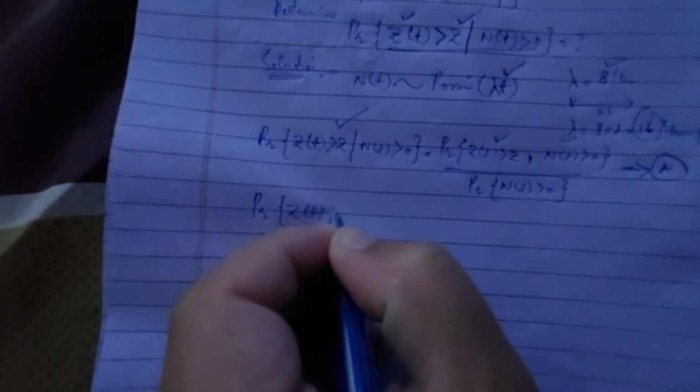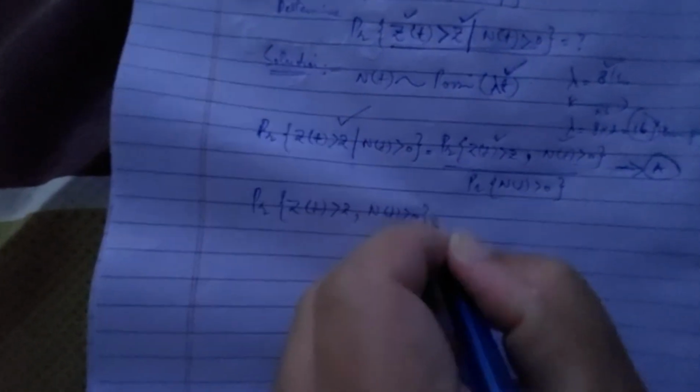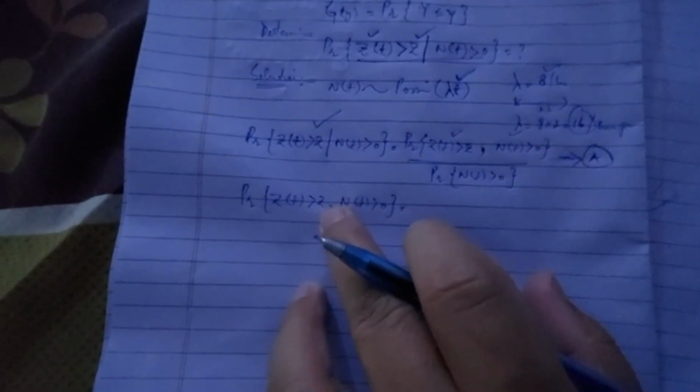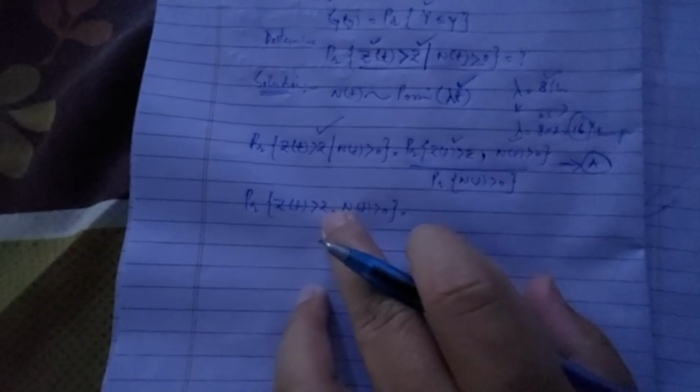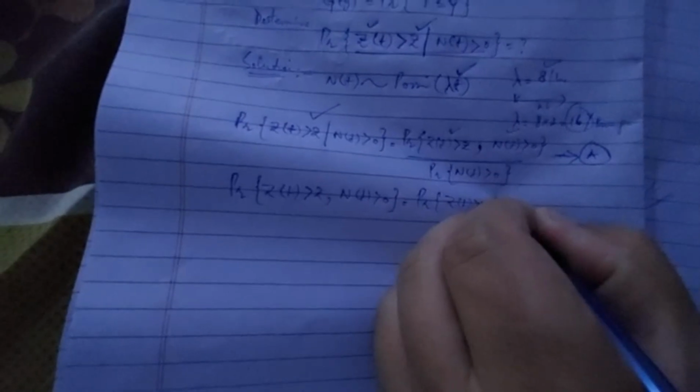the probability that Z of t is greater than Z and N of t greater than 0. It is equal to, if we have "and" over here, what we can do is we will find the probability that the overall damage is greater than Z conditioned on the number of events being equal to n, multiplied by the probability that the number of events is equal to n.